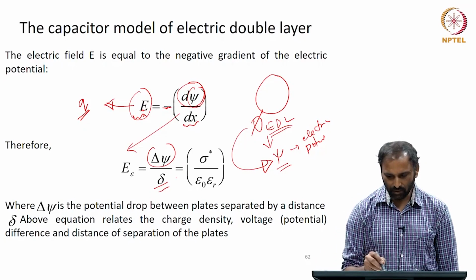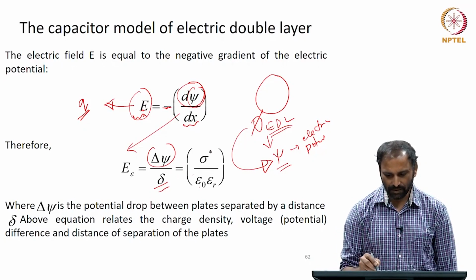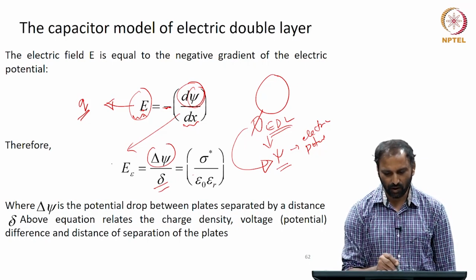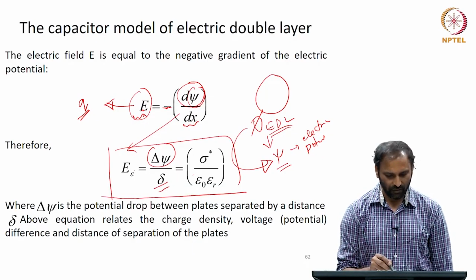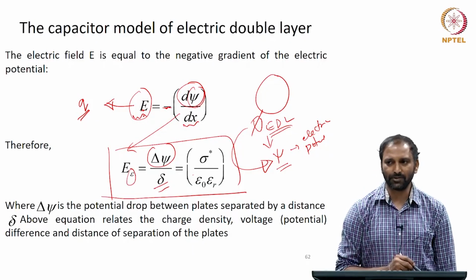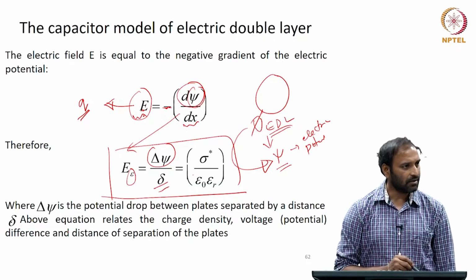That will be equal to sigma star divided by epsilon naught into epsilon r. That is for the case where you have a medium, and epsilon is the dielectric constant of the medium between the two plates.